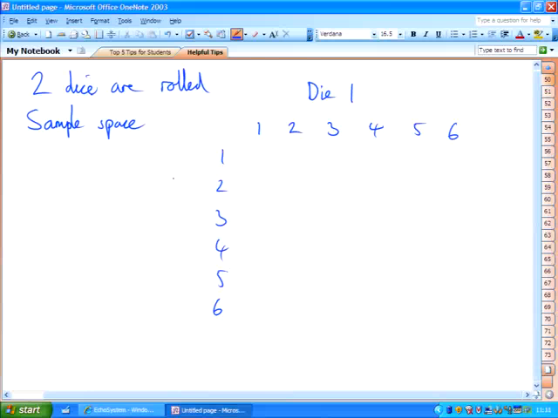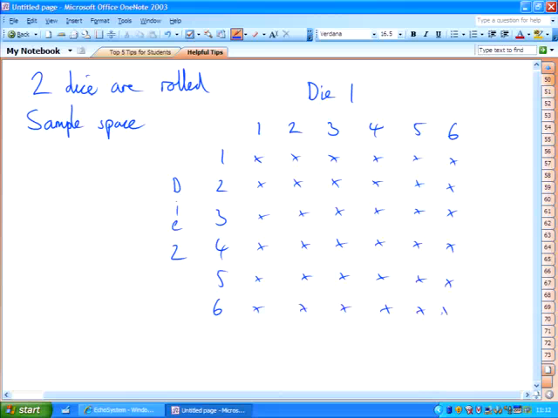So this is our die 2. These crosses here denote all the possible outcomes that we can have when I roll 2 dice simultaneously. Clearly, as there are 6 outcomes for each die, we will have 6 times 6, namely 36 outcomes. And so this sample space illustrates all of these. Clearly there is no outcome which is not covered by this sample space.